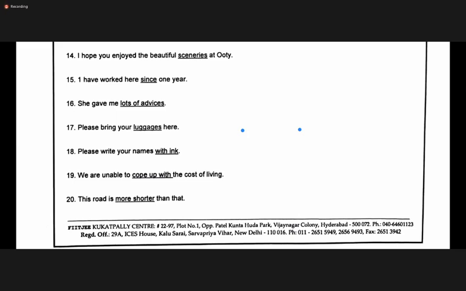You have to correct what is wrong, but you should not use a similar expression. Cope up with is wrong. Just use cope with only. The road is more shorter than that. Omit more. Only shorter. Remove more.